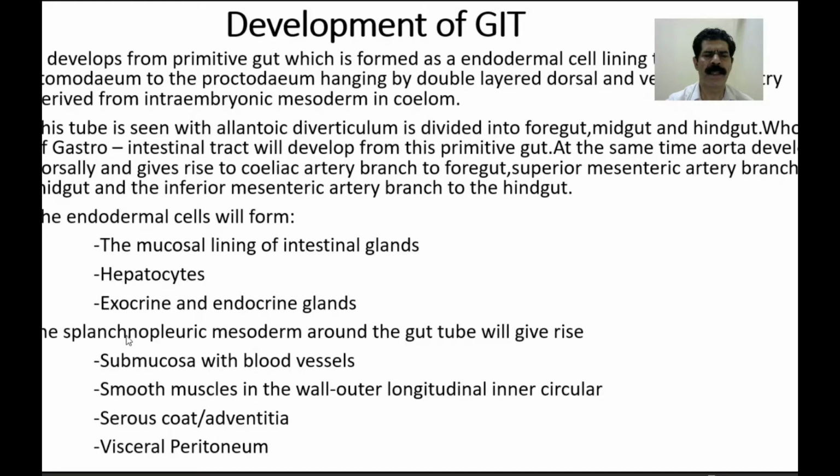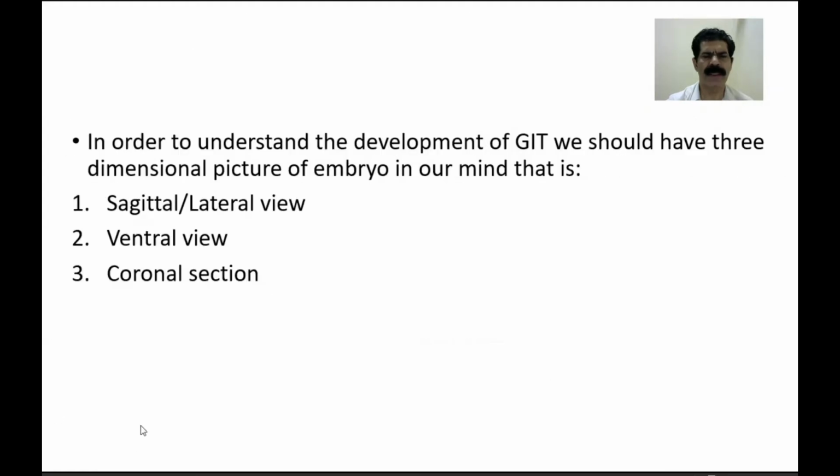Now the splanchnopleuric component of the mesoderm, which is around the gut, will give rise to the submucosa with the blood vessels, and the smooth muscles in the wall, that is the outer longitudinal and the inner circular muscles, will be developed from the mesoderm. The serous coat, or the outer adventitial coat, also develops from the mesoderm, and the visceral peritoneum also develops here.